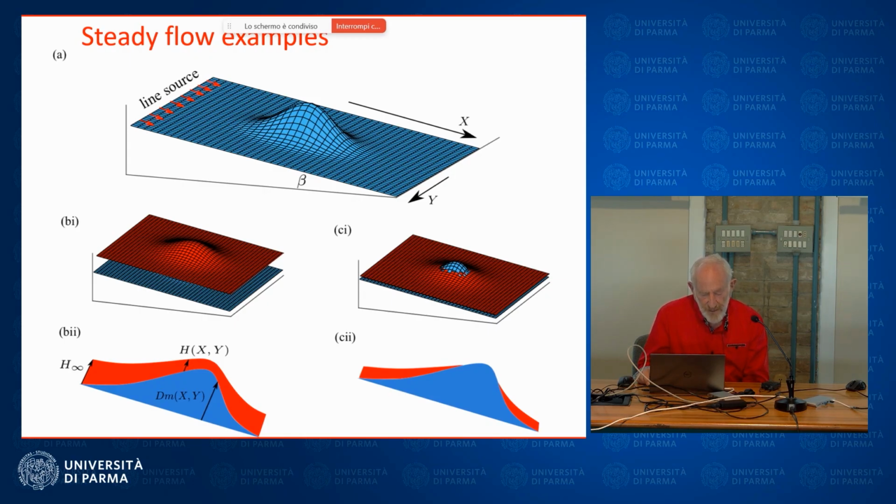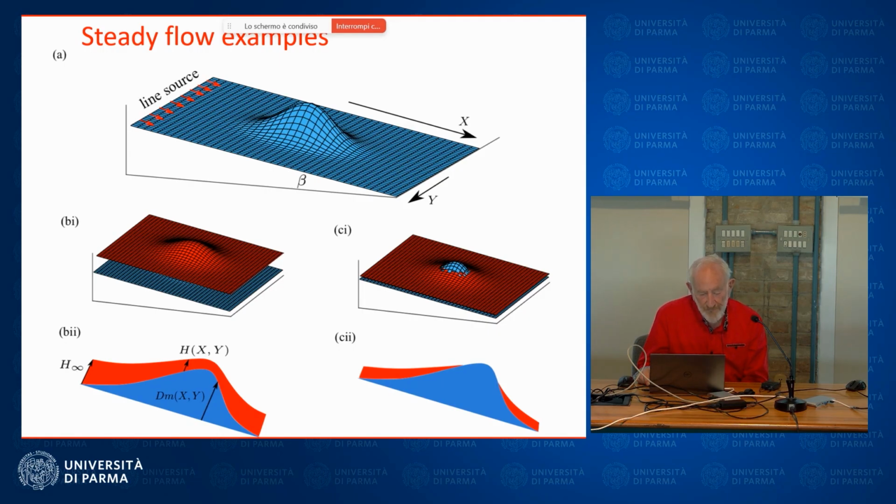And you see a sort of a sketch in the second part of B and the second part of C, which also says how we're going to relate matters. So the topography is going to be related by D, and it'll be a function of X, which is down the slope, and Y across the slope, and the thickness of the flow by capital H, which will also be a function of across the slope and down the slope when it's two-dimensional.